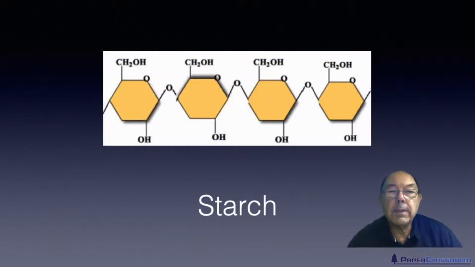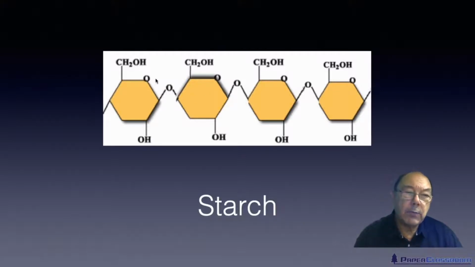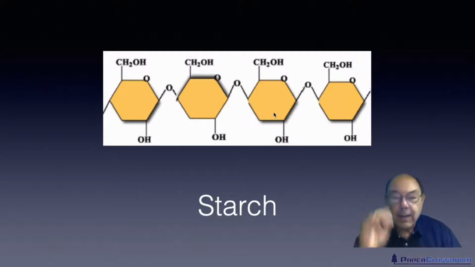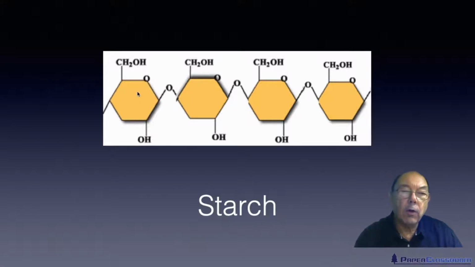Well, this is what a starch molecule looks like. You may recognise these, we've just seen these. I've drawn it in a different way, but these are glucose units. So here's 4 in a long chain of maybe several hundred. And if you notice, all of them are absolutely identical.